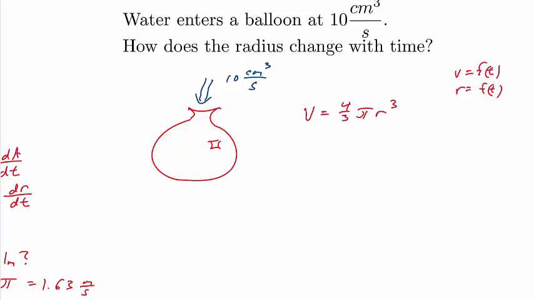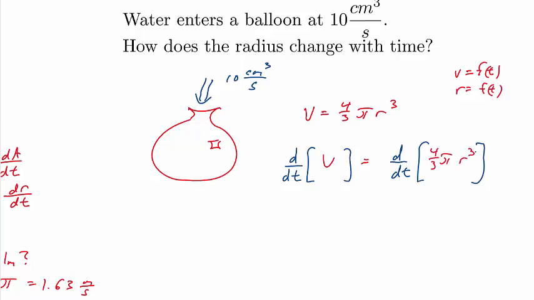And so let's go ahead and just make this very clear by writing this as follows. Like so. And then let's plop everything in here. 4/3 pi r cubed. Okay, so you take the derivative of the left side and we get V prime.